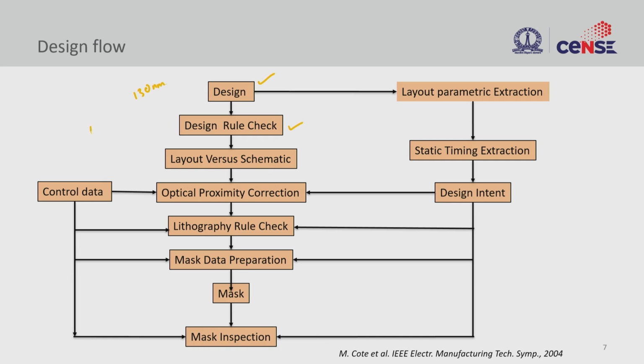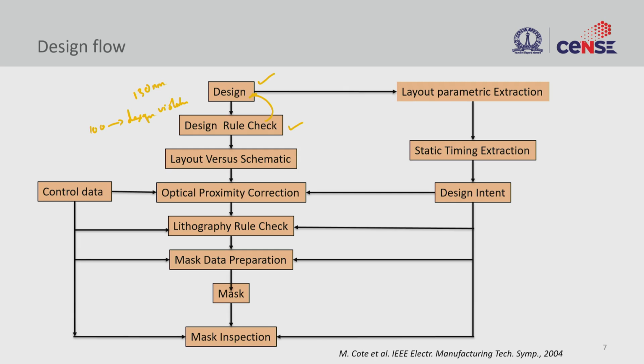So if my structures are 100, then there will be a design violation. So then they will say that you are not allowed to design anything below 130 nanometer. So this is what helps you to refine your design.